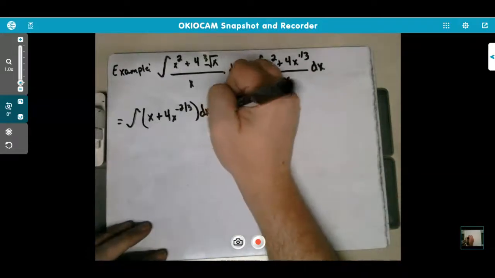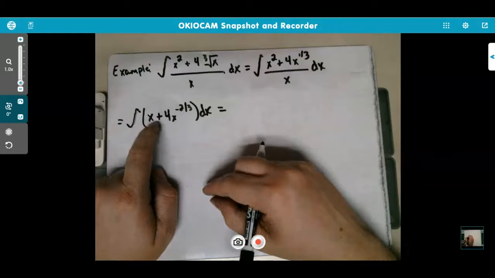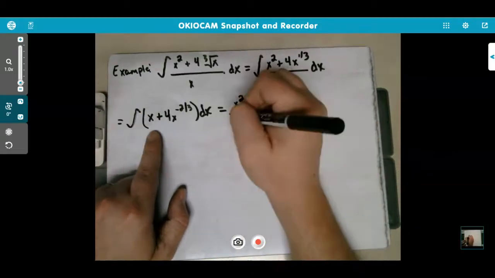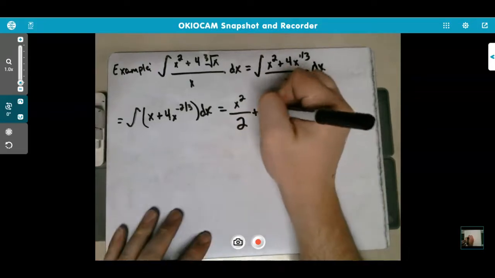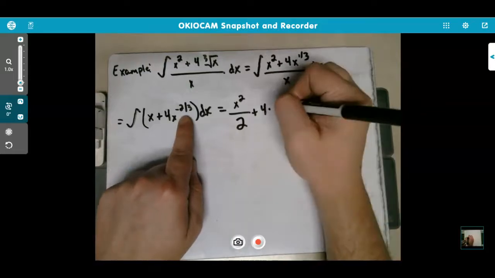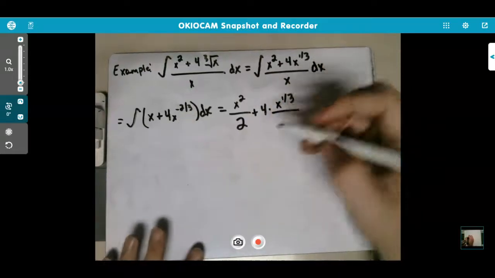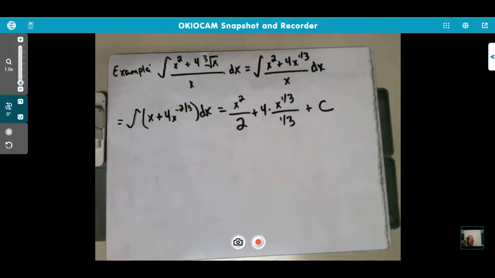So that's going to be equal to, my power right here is a 1, so I'm going to add 1, and then divide by that new power. So x squared over 2, plus 4 times, again I'm going to add 1, negative 2/3 plus 1 is x to the 1/3 over my new power, which is 1/3, plus c.